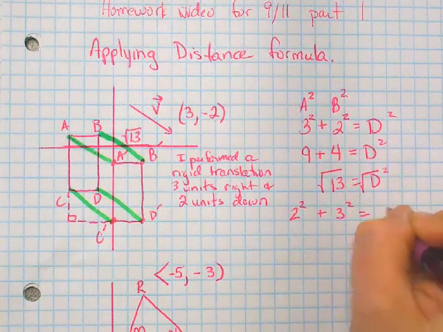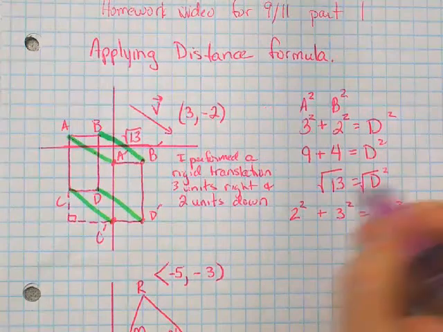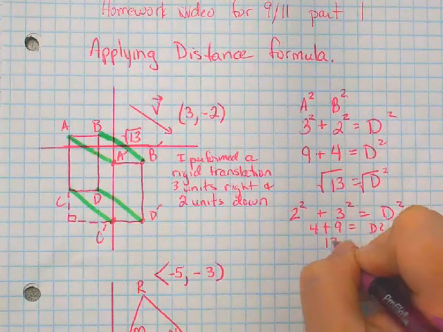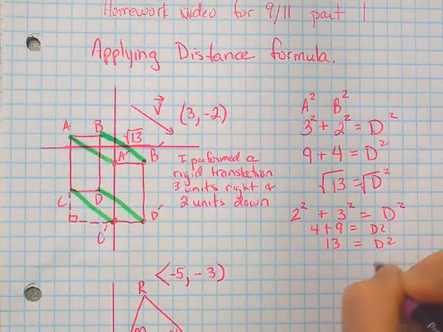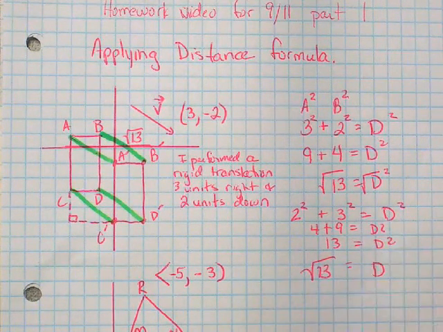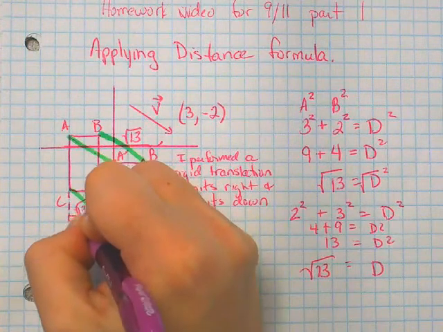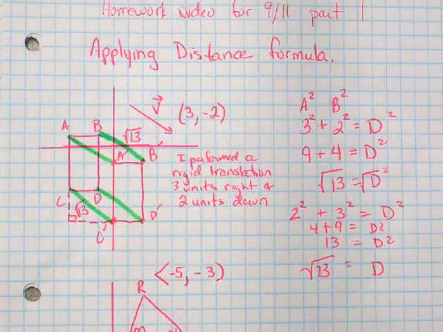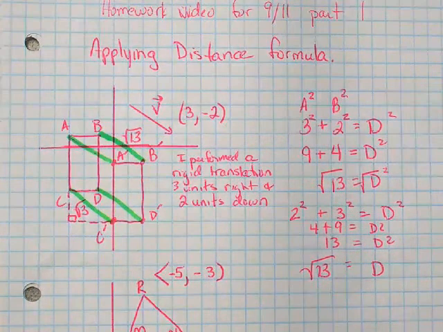So 2 squared plus 3 squared will equal D squared. 4 plus 9 is D squared. 13 is D squared. Therefore, D is the square root of 13. So yes, the distance is the same when I perform a translation.